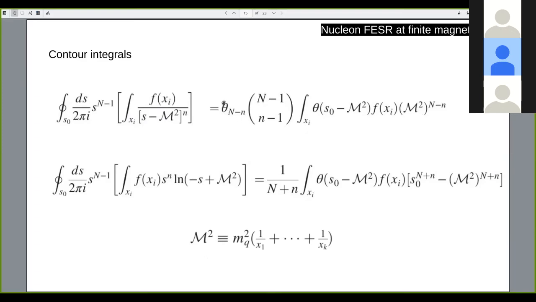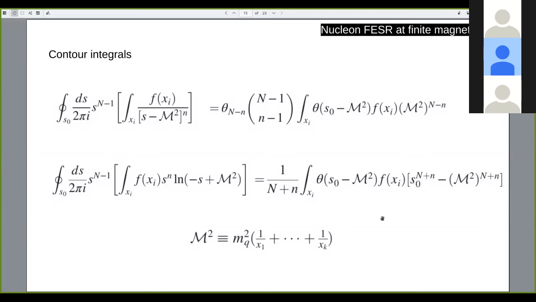But this theta here is a function that is 1 if capital N minus n is bigger than 1, or 0 if not. The other function that appears with the logs is most simple to integrate first in the contour and then integrate the Feynman parameters.